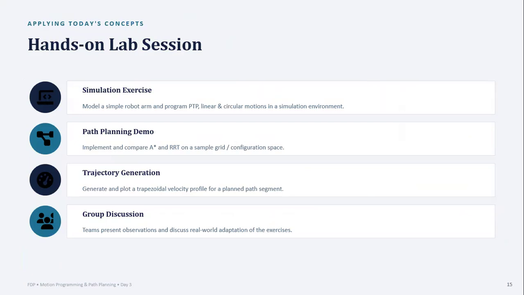Using whatever robotic simulation package is available in your institution, you can generate a program for point to point, linear and circular robot motions, implement A star and RRT algorithms within a simulation environment, generate trapezoidal velocity profiles, and finally discuss the observations and identify the industrial applications for these concepts. This practical session reinforces the theoretical knowledge gained today. Let us now look at some simulation illustrative examples through a video presentation.